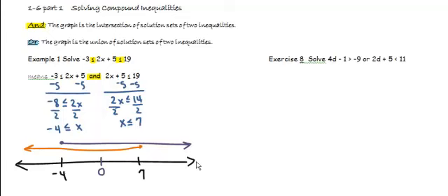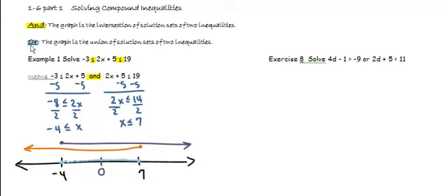In order to be in both sets, it would be the case then that it would start at -4, and the two colors then end at 7, and so on the number line I would indicate that the area between -4 and 7 is in fact our solution set.